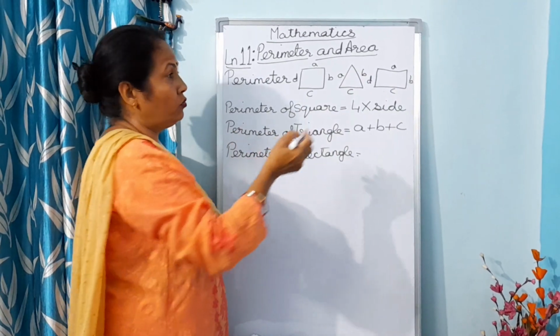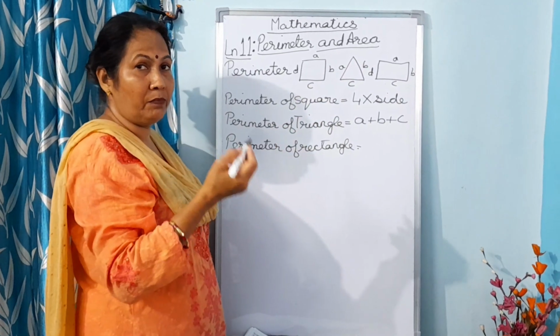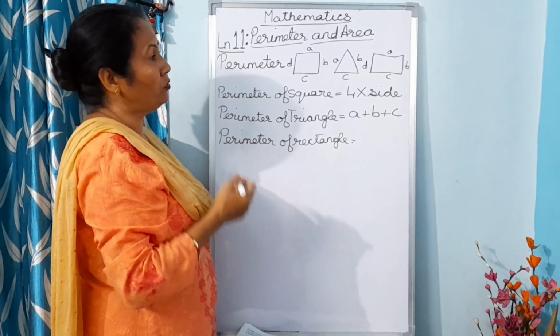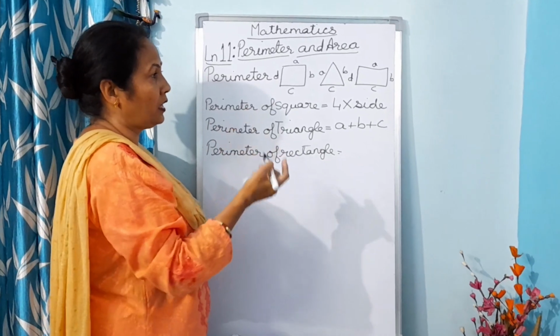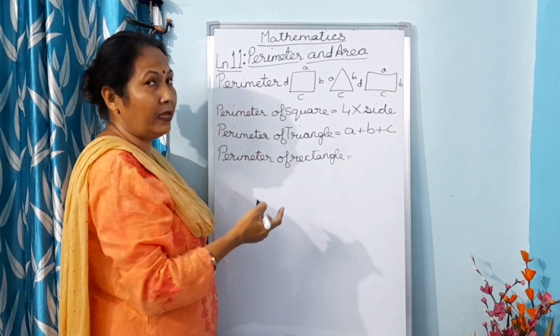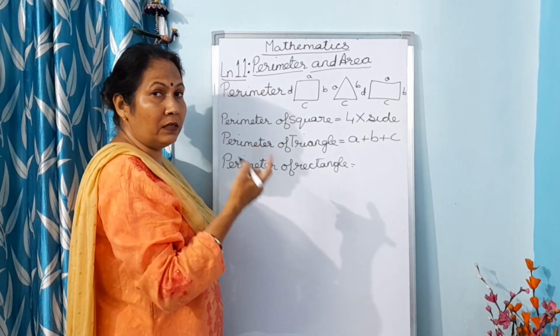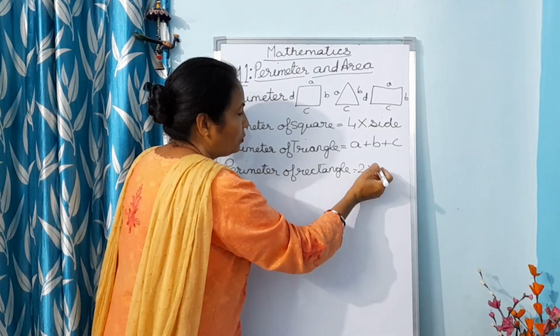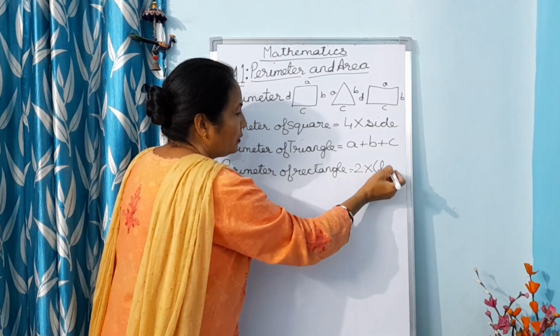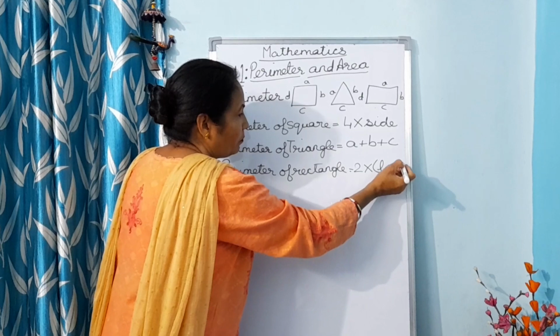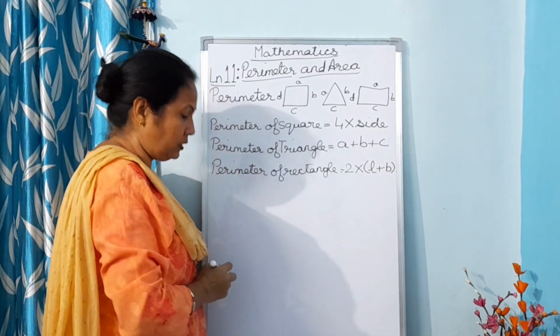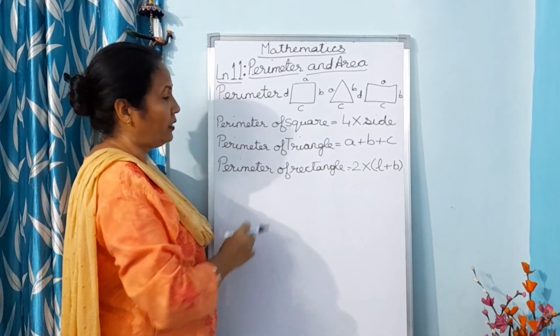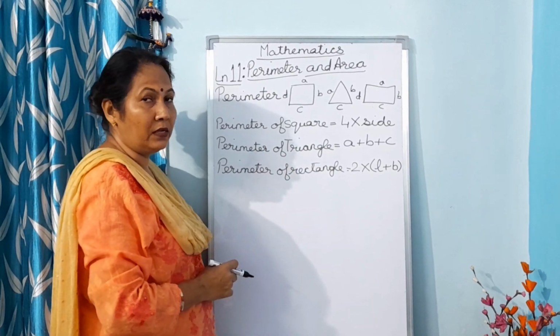So you are not going to add like 2 plus 3 plus 3 plus 2. No. You are going to multiply the side and the length by the number 2. Now see, 2 into length plus breadth. Now this is how you have to find out the perimeter of rectangle.